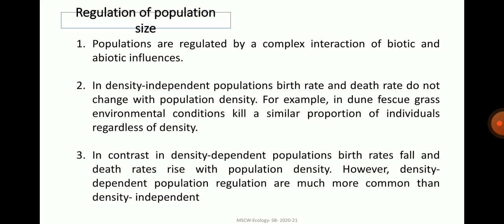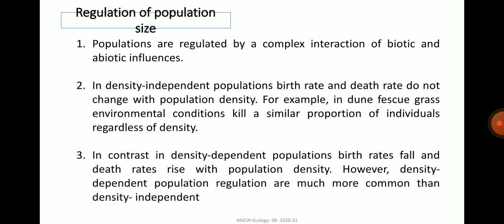Next, let us learn more about the population regulation. So, regulation of population size. As I have already mentioned, the populations are regulated by a complex interaction of biotic and abiotic influences. In case of density independent populations, birth rate and death rates do not change with population density. For example, in dune fescue grass, environmental conditions kill a similar proportion of individuals regardless of density.